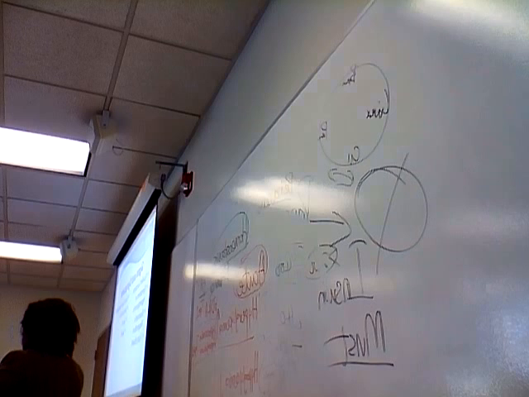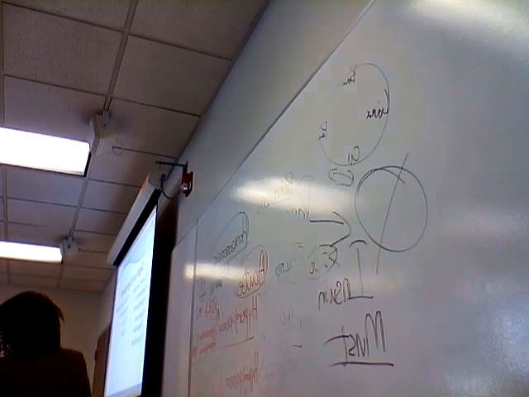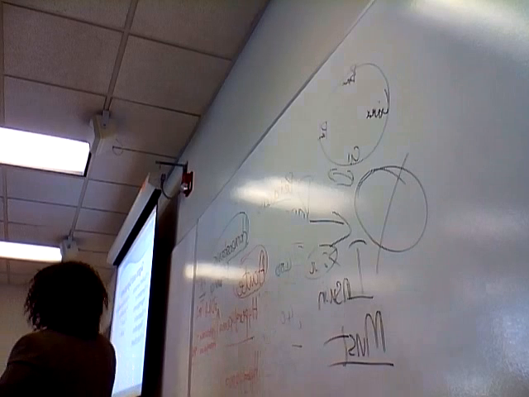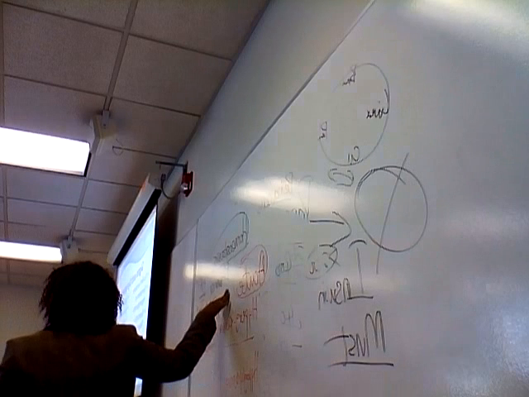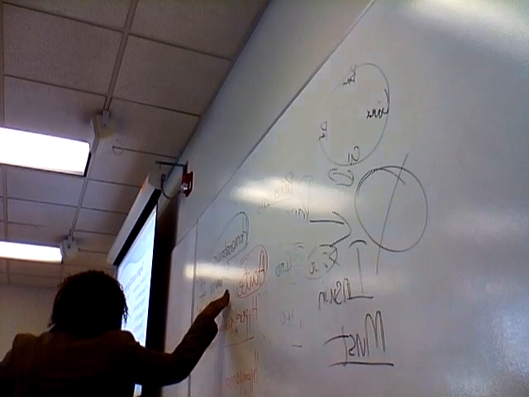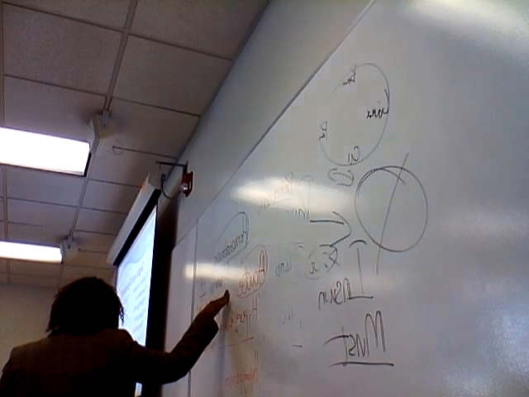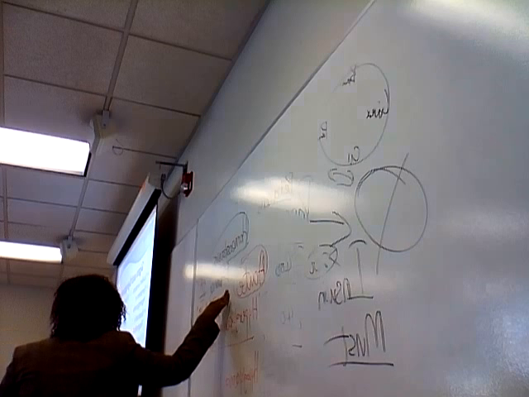No. That's not what causes it. That's what results. That's what results, because the cell is starved. It's almost like the cell has zero glucose. And then it breaks down fat.